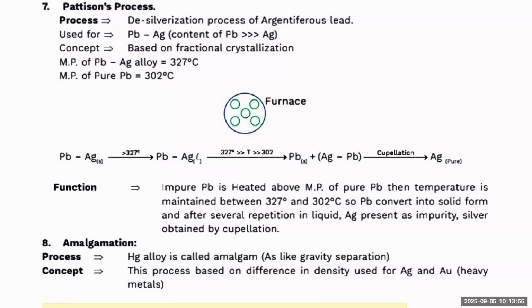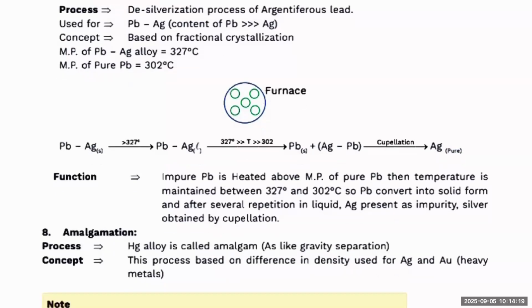So slowly from the bottom, with very slow fractional crystallization, lead can be separated out. And the surface molten liquid will have more composition of silver than lead. So you perform cupellation again, so silver can be removed out.